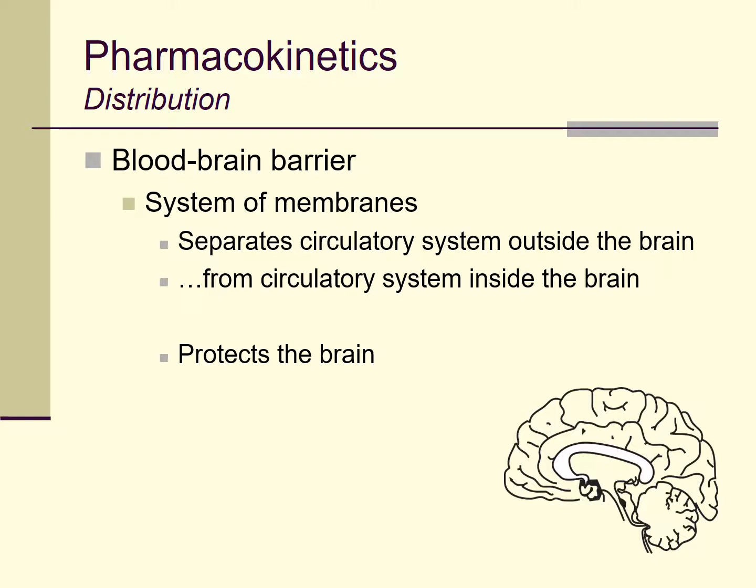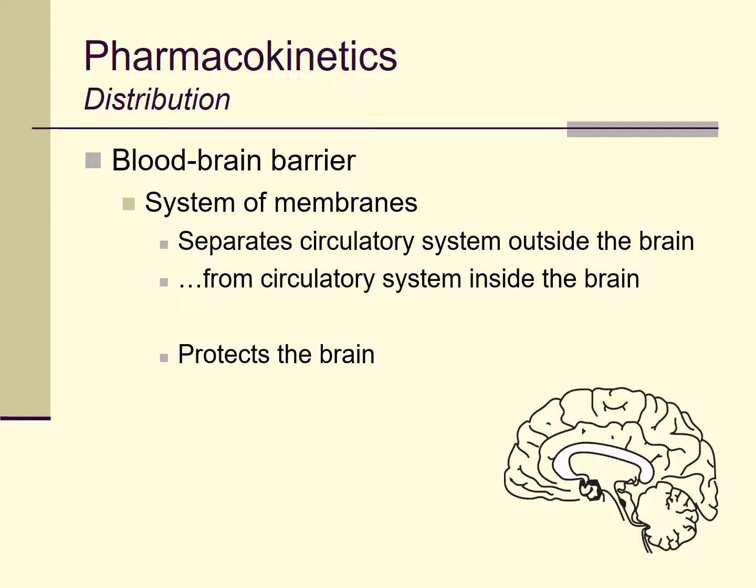Inside your central nervous system, the circulatory system is a set of ducts that pass extracellular fluid in your spinal cord and throughout different parts of your brain. Molecules in your blood circulatory system can diffuse across the membrane into the central nervous system's circulatory system.